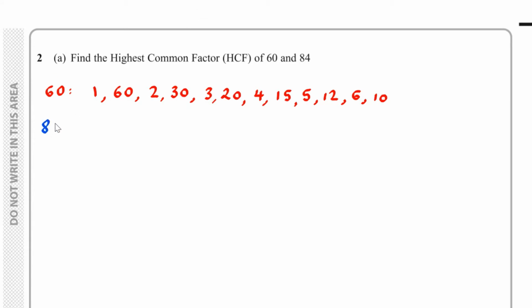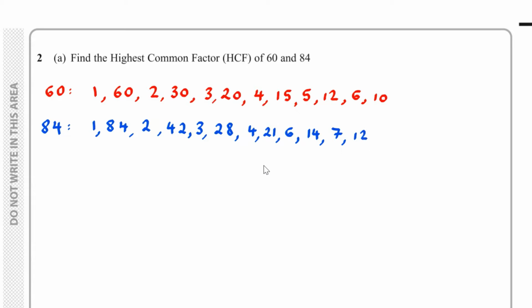And if we consider 84, the factors of 84, well, we've got 1 times by 84, 2 times by 42, 3 times by 28, 4 times by 21, 6 times by 14, and 7 multiplied by 12.